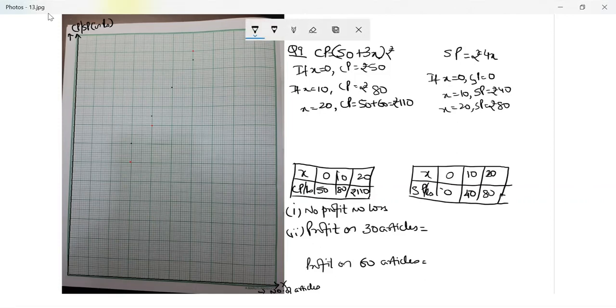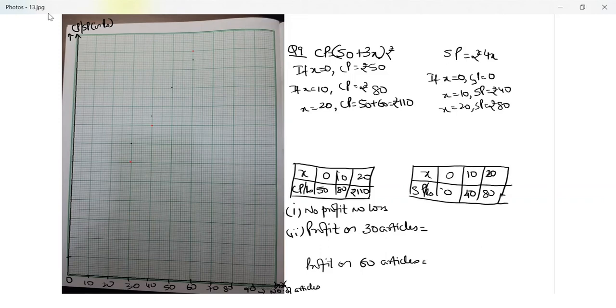So I notice that x is increasing by 10 that I've taken. So on the x-axis, let me take each unit as 10. So that's 10, 20, 30, 40, 50, 60, 70, 80, 90, and then the last one can be 100. On the y-axis, I have to go at least up to 110.